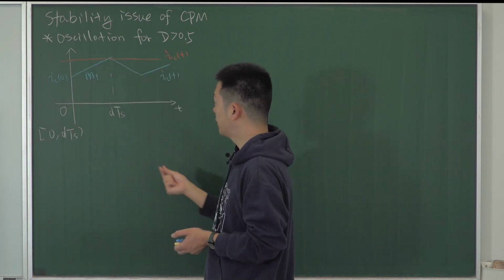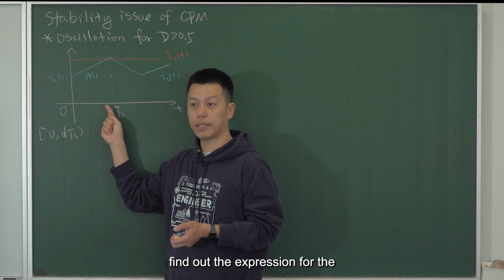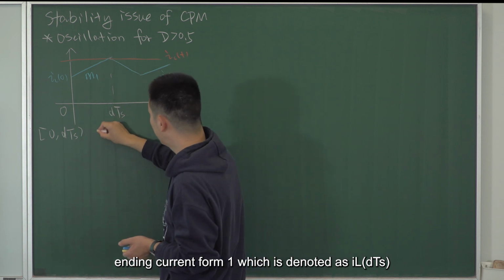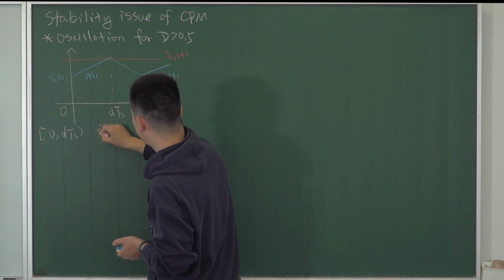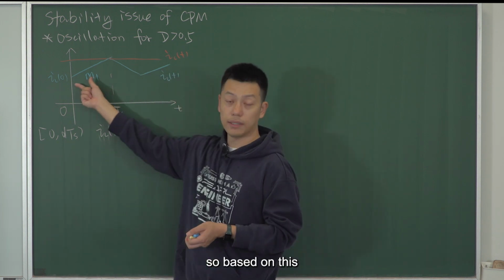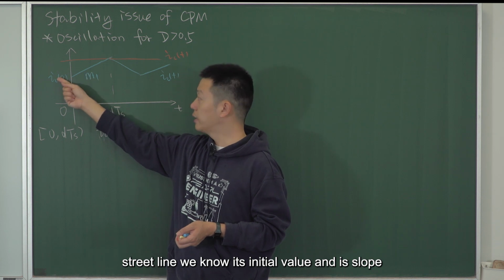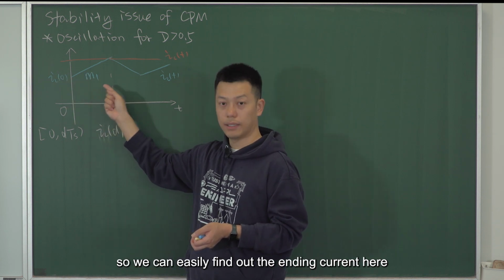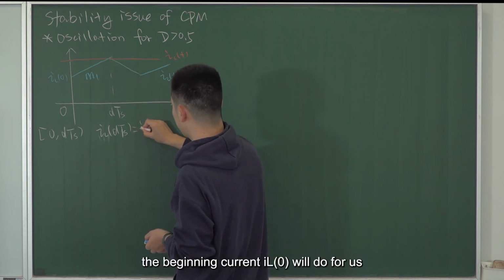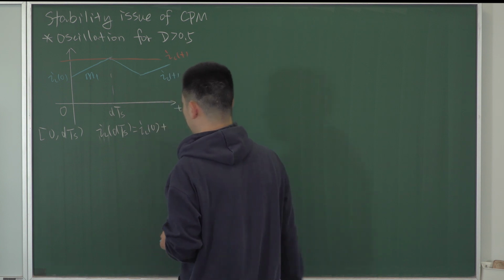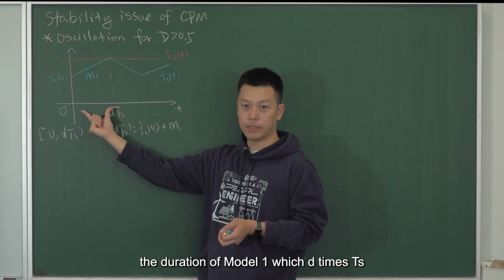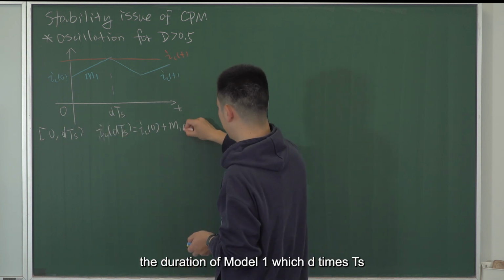So we can find out the expression for the ending current for mode 1, which is denoted as IL(DTS). Based on this straight line, we know its initial value and its slope, so we can easily find out the ending current here, which is the beginning current IL0 plus the slope, M1, times the duration of mode 1, which is D times TS.